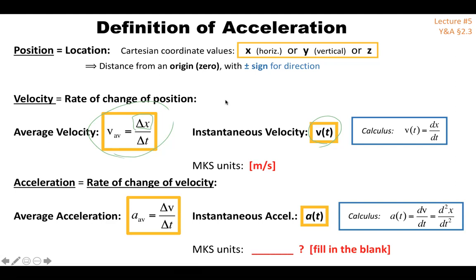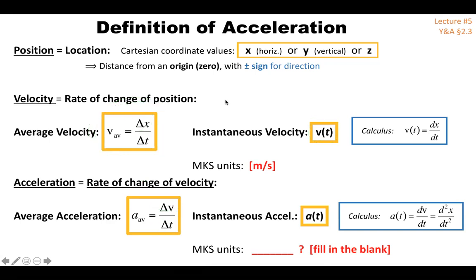Maybe we can use this definition by analogy and say if velocity was the rate of change of position with respect to time, if we want acceleration to be a rate of change of velocity, maybe we can do something similar. We'll put the thing that's changing in the numerator, and then in the denominator we have time, and maybe that'll work. And sure enough, yes, that's exactly what we do.